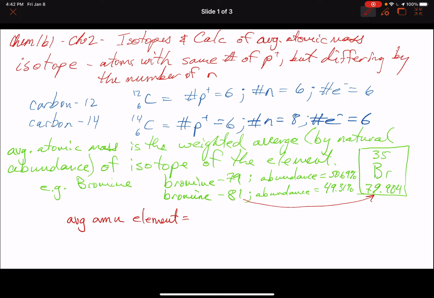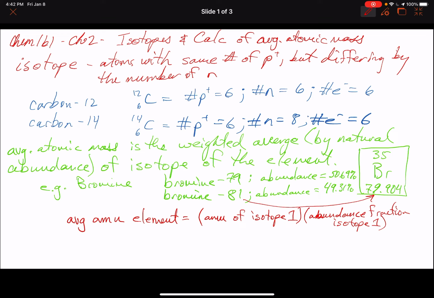The first would be the atomic mass of isotope 1 times the abundance of that isotope, the abundance fraction for isotope 1.